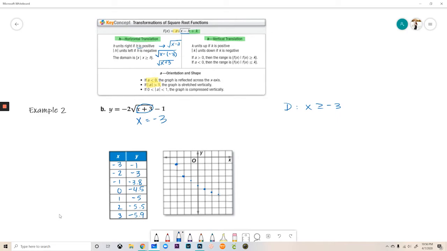Okay, let's see how this goes. So my first initial point right here. Ooh, I missed a couple points, but that's all right. That's what my graph will look like.